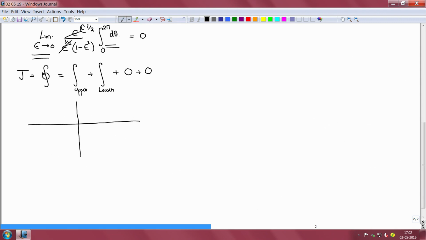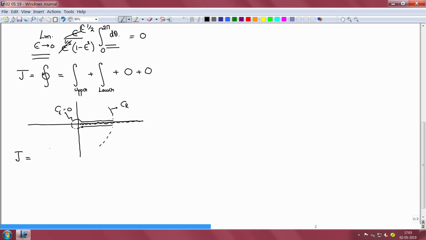We have this upper portion, so we have a branch cut here. We have the upper portion that goes to infinity, we get into CR and CR is 0. We come back over here, then we go to the lower portion, then we close with C epsilon and C epsilon is also 0.